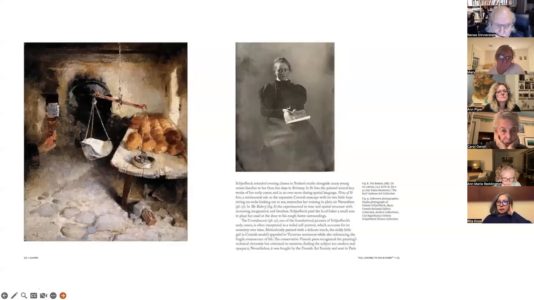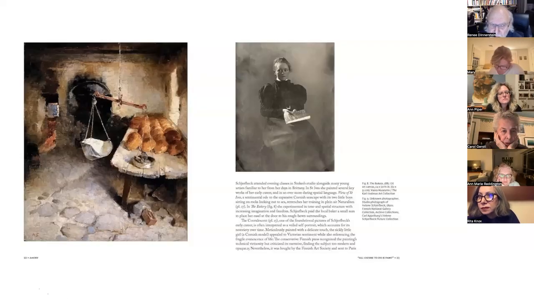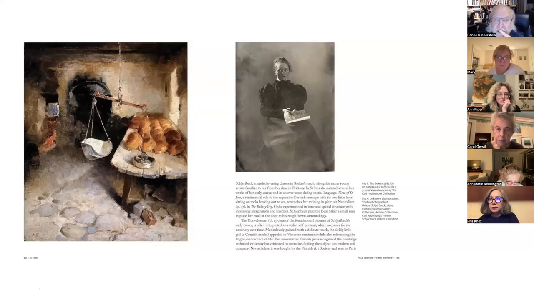So her paintings are concerned with simple everyday objects like the scene on the left. And this is her. She's a very intense looking woman.